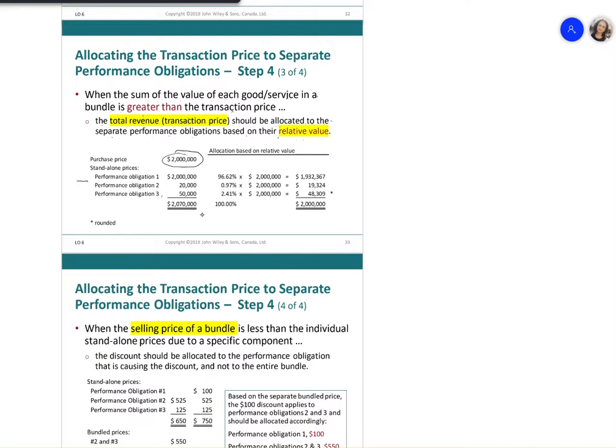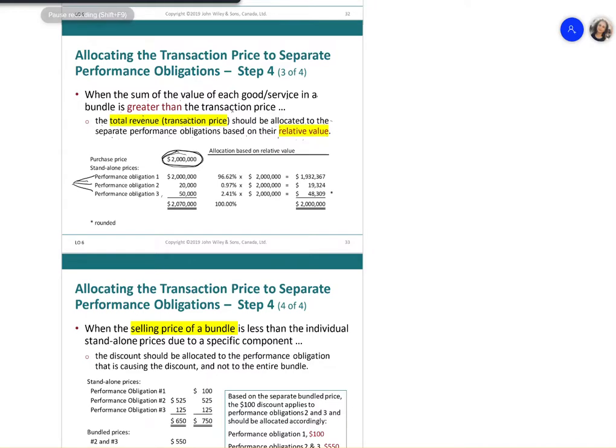You have seen it when you sell a building. In that building we have land, and then other things like land improvements. When that happens, the purchase price is 2 million. That's the transaction price, but we need to allocate it to each performance obligation, to each revenue.